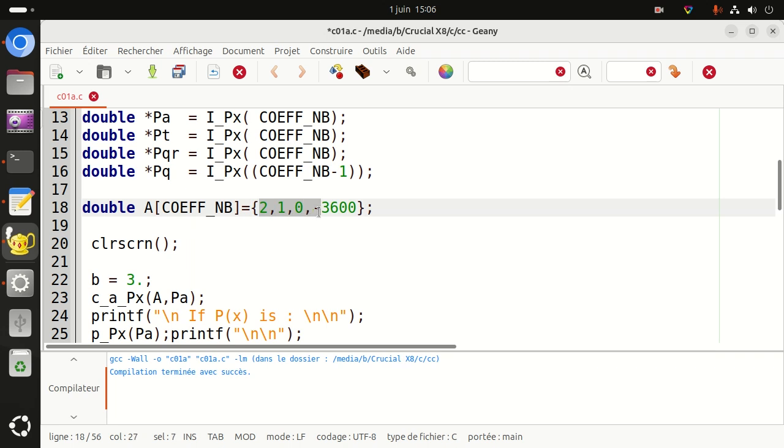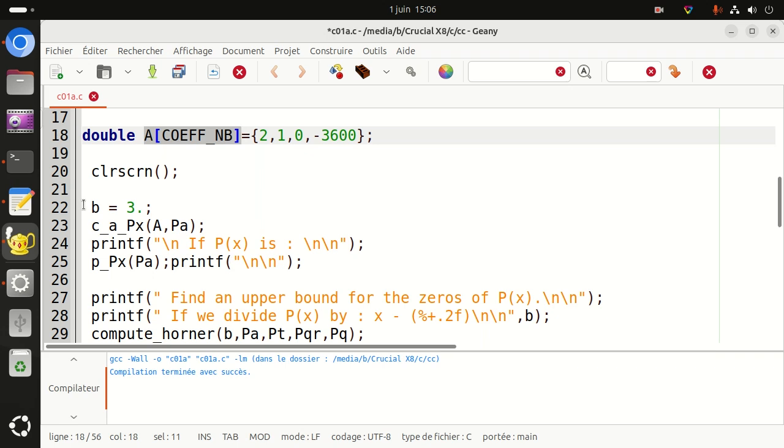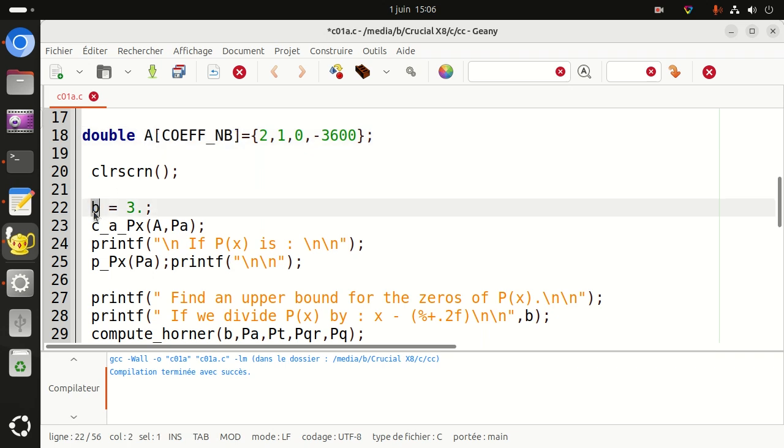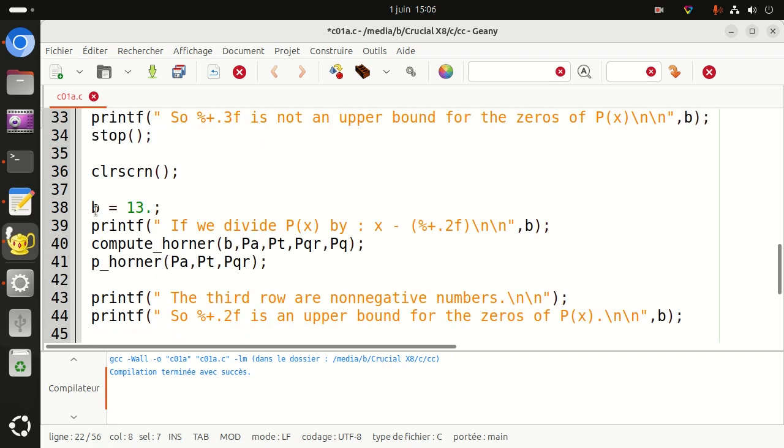You can find here the coefficients of the polynomial. They are in an array. For B, I have chosen 3 for the first part. In the second part, I have chosen for B the value 13.